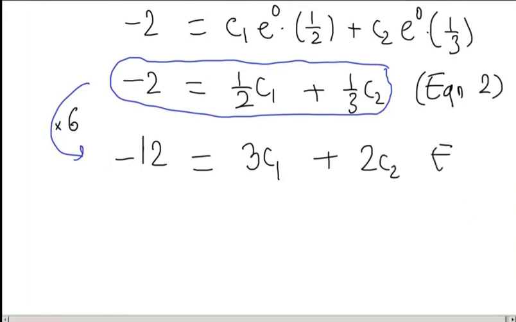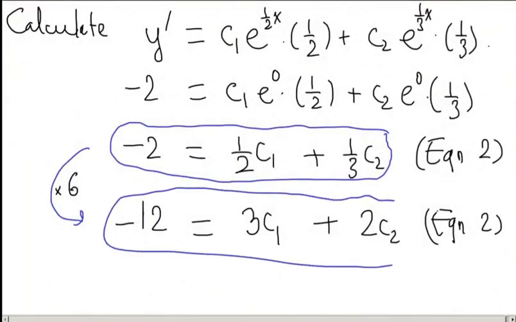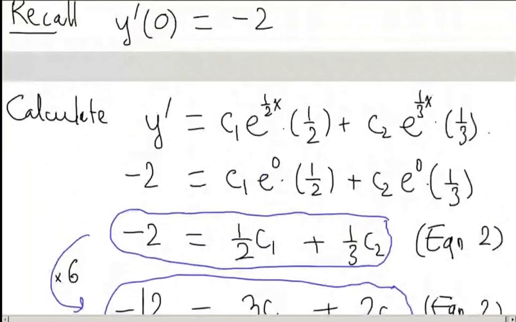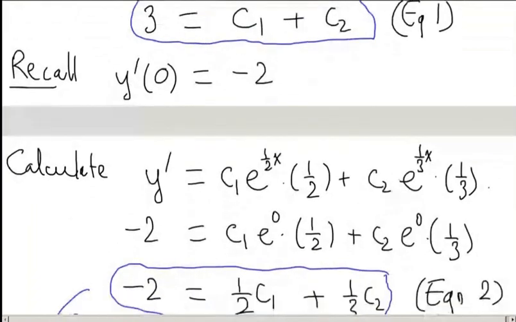And this is my new equation 2 instead of the previous one. It would be easier to solve. Okay, so let me recircle this. This is my new equation 2. Equation 2 and equation 1 like that, and you can use substitution or elimination.